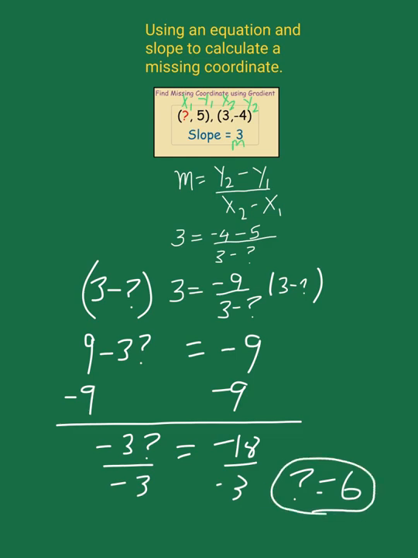So this is an example of calculating a coordinate. And I know that these problems come up in geometry a lot because I used to teach geometry. And we would have these problems all the time, especially at the beginning of the school year.